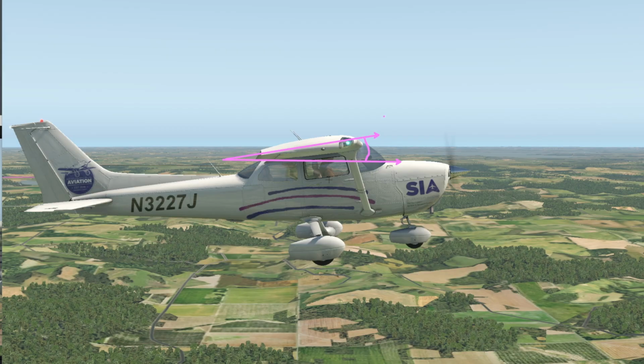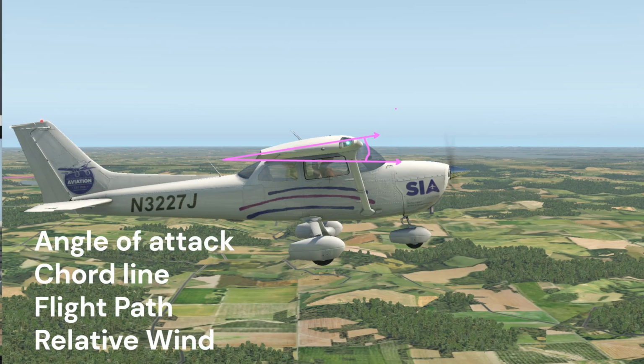Okay, so let's talk about the four or five terms that we've got there. The first one is angle of attack. It is defined as the angular difference between the chord line and the flight path. The chord line is defined as a line from the leading edge of the wing to the trailing edge of the wing. There's the leading edge, there's the trailing edge.